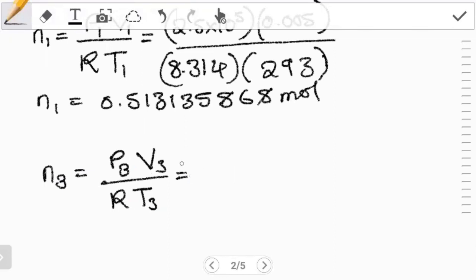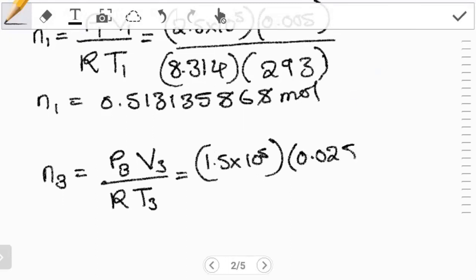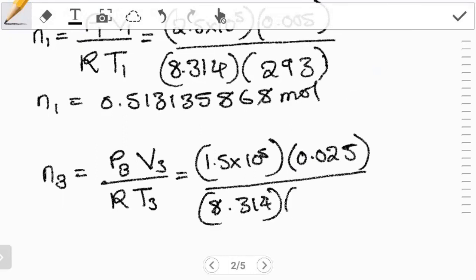Okay, so P3, the pressure after, is given to us, that's 1.5 times 10 to the power 5. And then the volume V3 is also given to us. We calculated that, that was 0.025. And then this is divided by the constant, that is 8.314, and then this multiplies the temperature in kelvins, so that is 296.